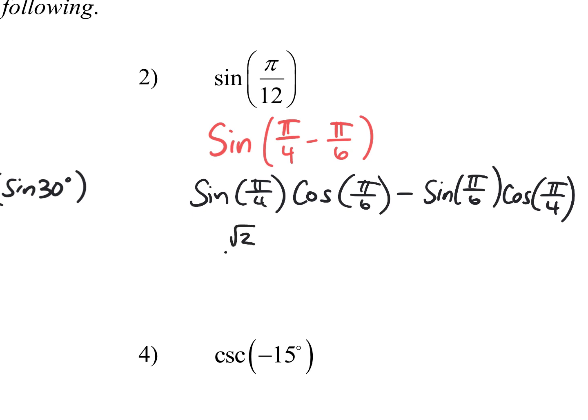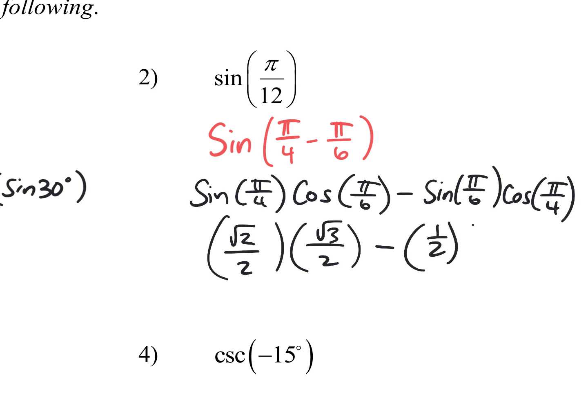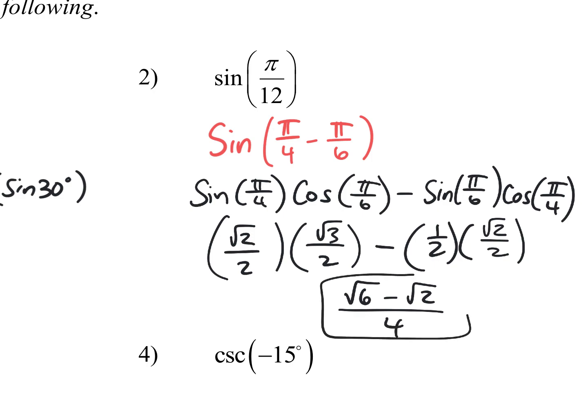I'm going to get root 2 over 2 times root 3 over 2, minus 1/2 times root 2 over 2. And when we simplify this down, we'll get root 6 minus root 2, all over 4.